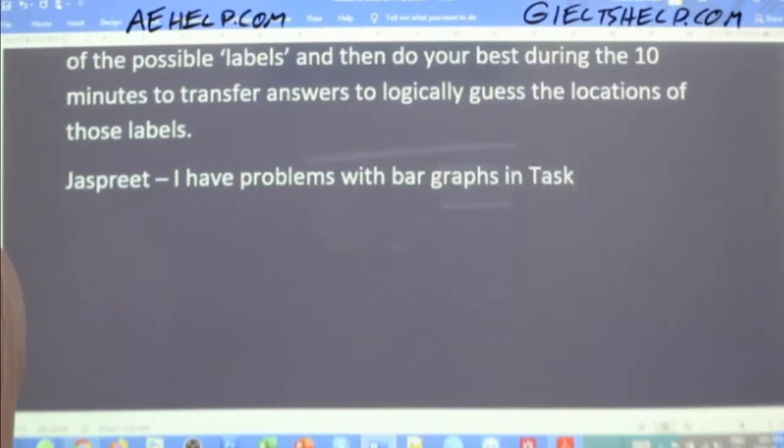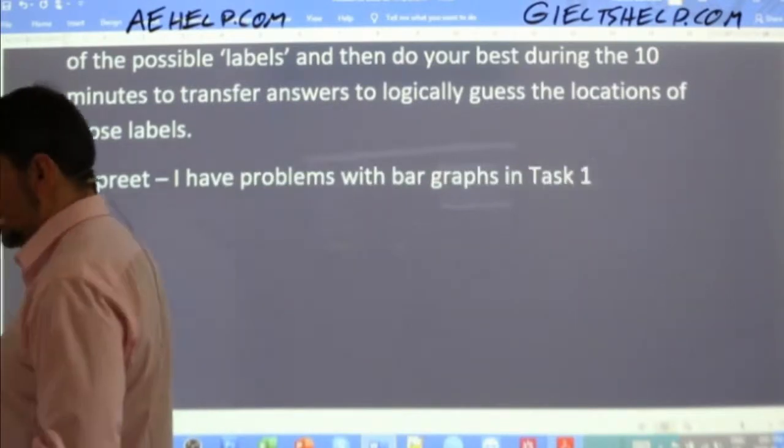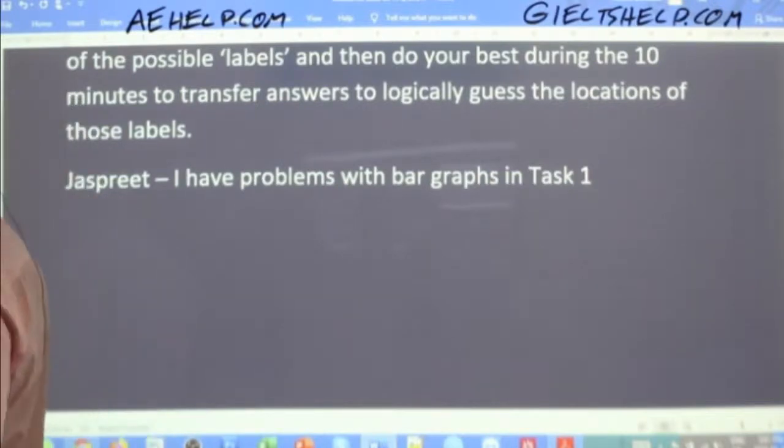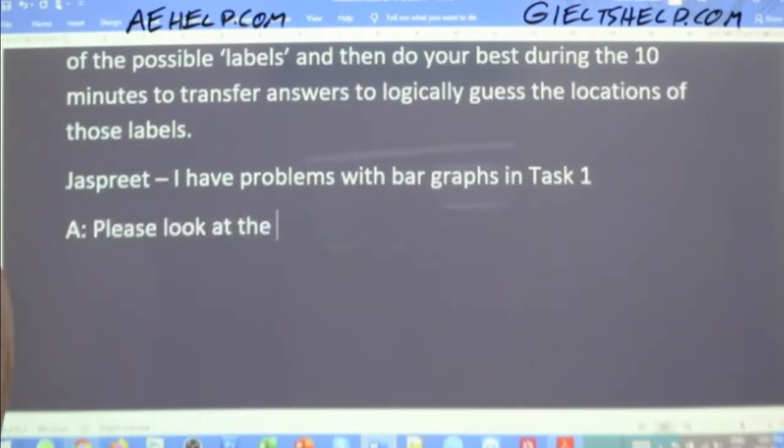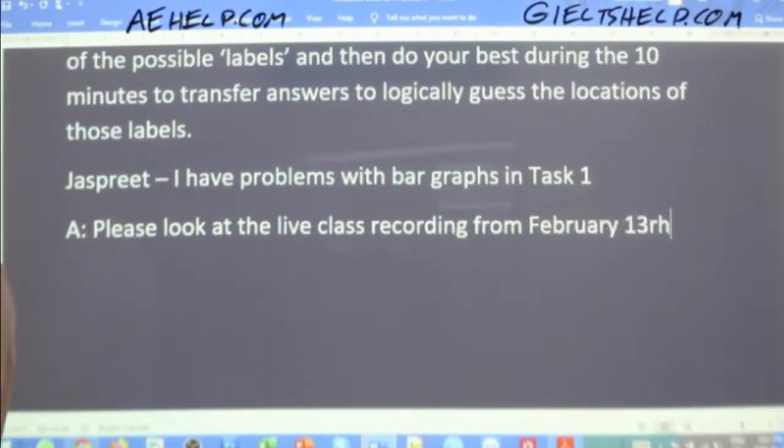Look at the class that we did earlier this week. So quick answer here, Jaspreet, is please look at the live class recording from the 13th, okay? From February 13th. It is exactly about a bar graph.